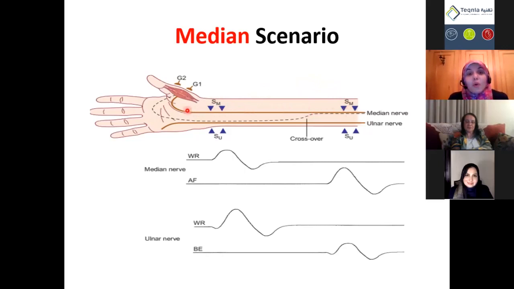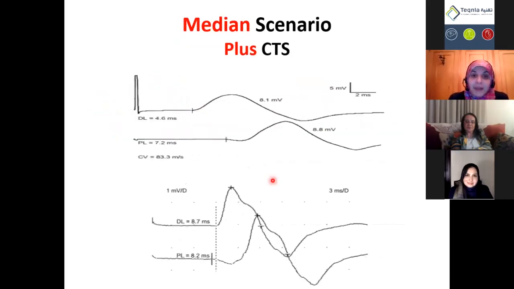A pathway that is slowed and a pathway which is very fast. So sometimes it even reaches before the other one. And as we can see here, the potential here reached before, 8.2 milliseconds, before the distal one, because it is entrapped. And of course here the velocity calculation will be very incorrect because it is not the real path of the fibers.